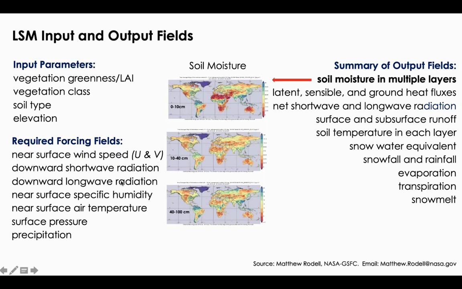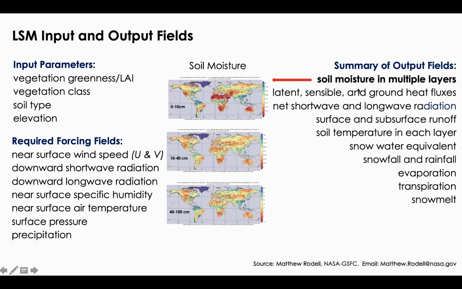And after going through the system of equations, then these are the outputs which are available from LDAS. Soil moisture, it's in multiple layers, as you can see, from top layer, top 10 centimeters, all the way to from 40 to 100 centimeters, and integrated 0 to 100 centimeters also available.